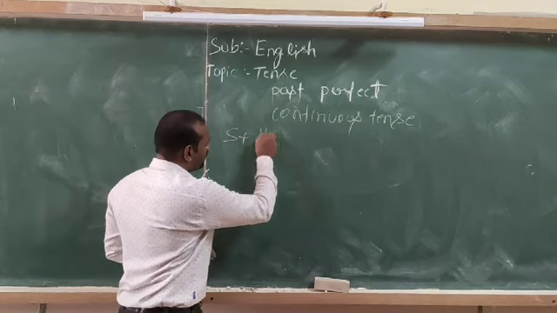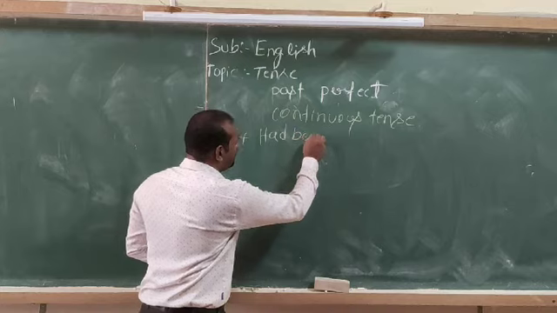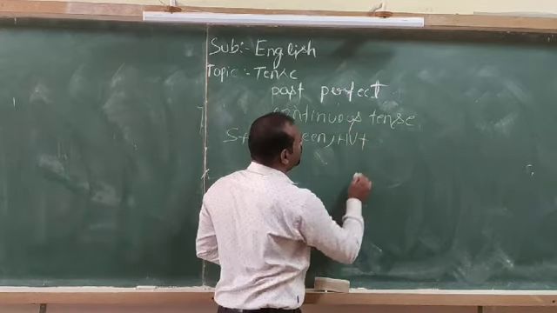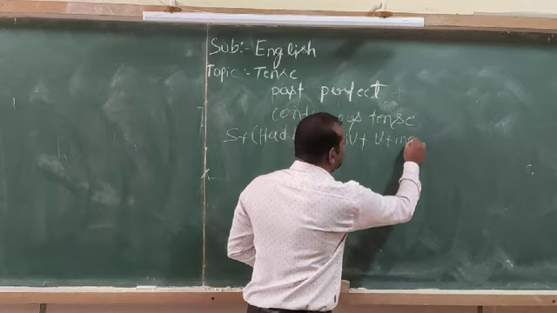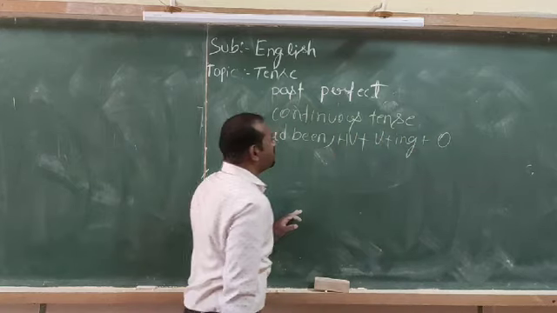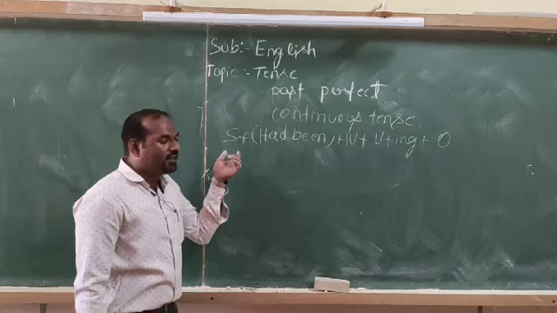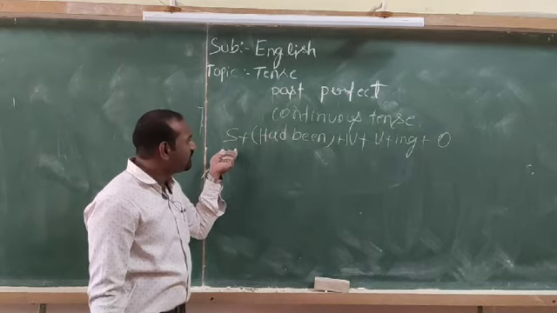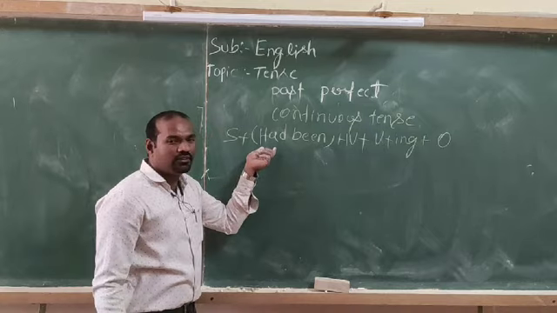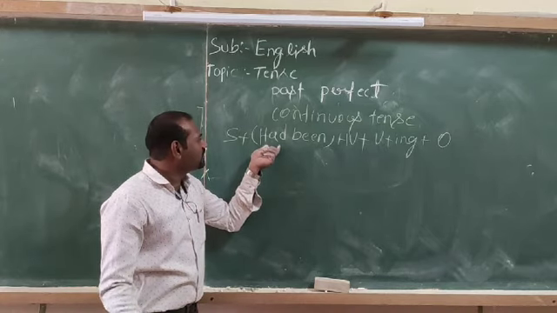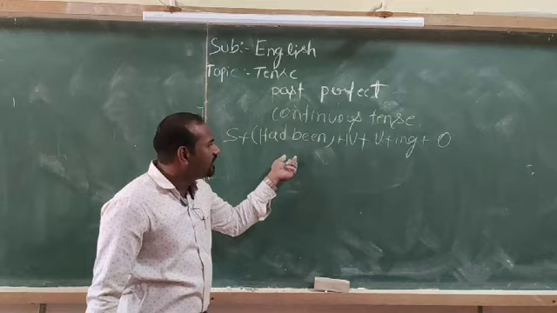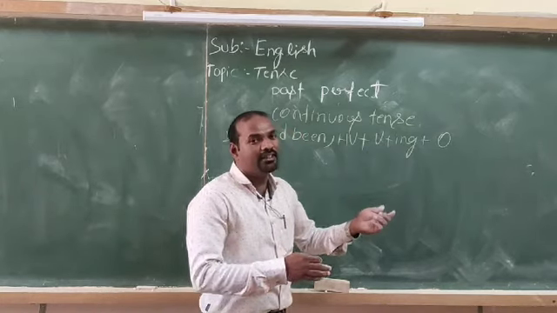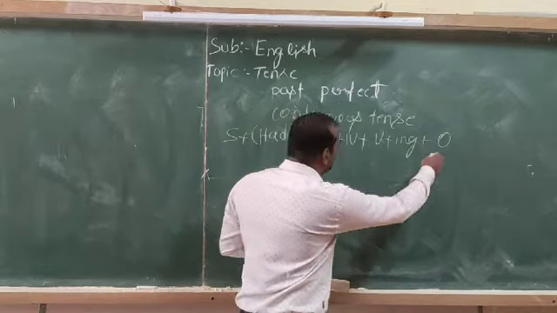Subject, had been, which is called the helping verb, and verb in the ing form, then object. Look dear student, this is the structure of the past perfect continuous tense. We need subject, we need helping verb. Here also one and only helping verb is there, that is called had been. Then the present participle, verb plus ing, because it is a perfect continuous tense, and object.